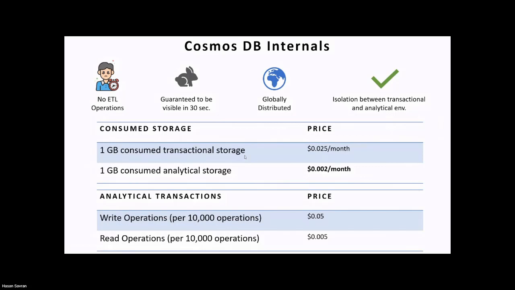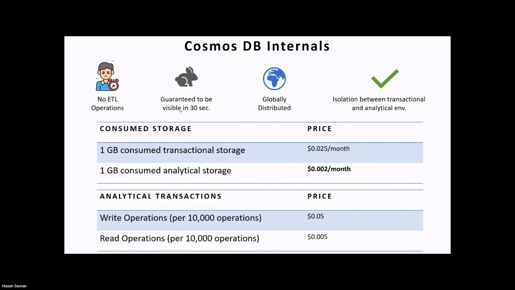So in this case, as I said before, Cosmos DB is the one that is going to move our data from the OLTP environment to the analytical environment, and they guarantee that will happen in 30 seconds. This is great. This is almost real time. Whenever data comes into the OLTP store, it just moves to the analytical store automatically.